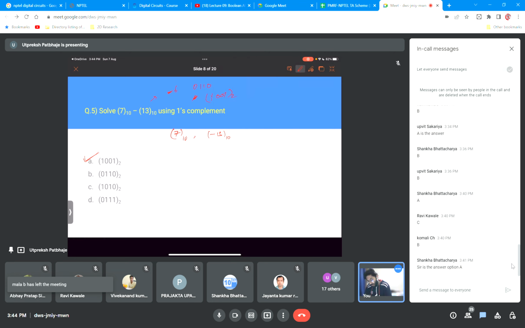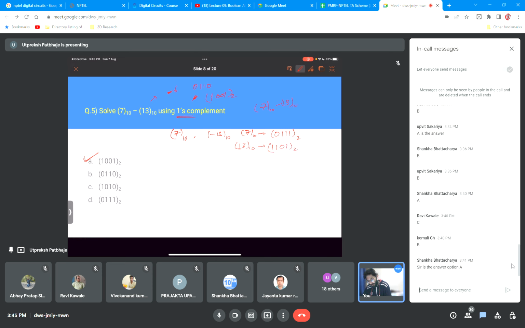So we need to calculate 7 minus 13. These are in base 10, using 1's complement. So for 1's complement, we need to convert these numbers to binary. 7 in decimal would become 0111 in binary, and 13 would become 1101 in binary.